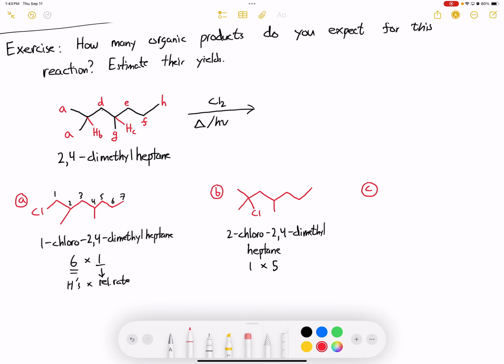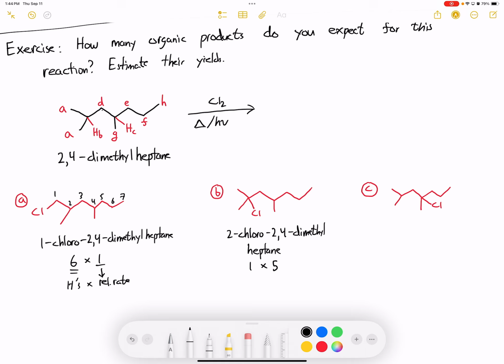So how many C's do I got? 1. Let's draw the product for C. Go ahead and try to name it. Will the numbering change? Yes.